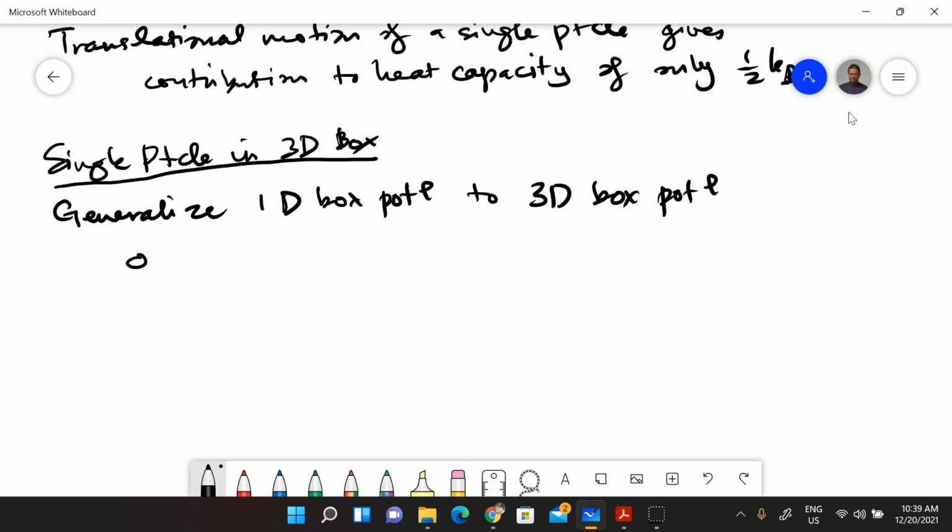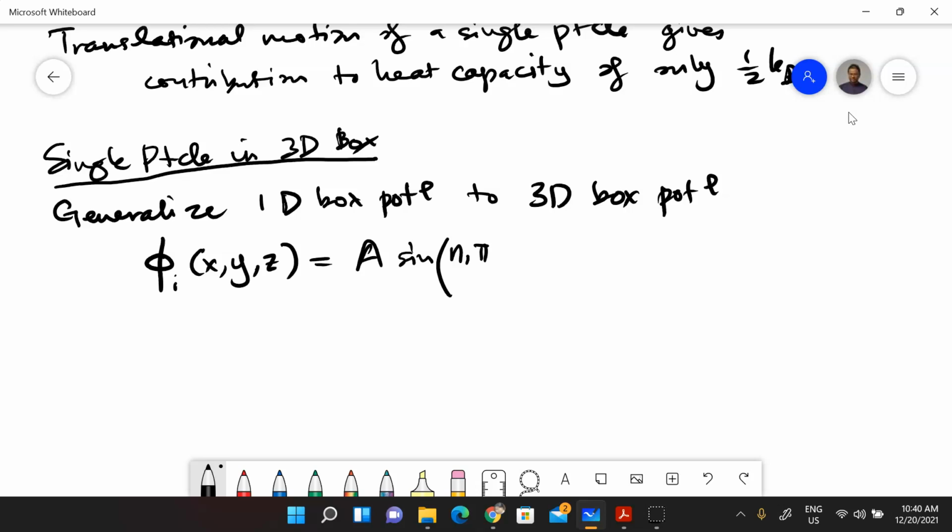Let me write this properly. I'll explain why we have a subscript there later on. Now in 3D there will be the three variables x, y, z, and then your prefactor is your normalization constant, and you simply multiply the standing wave solution in 1D three times.